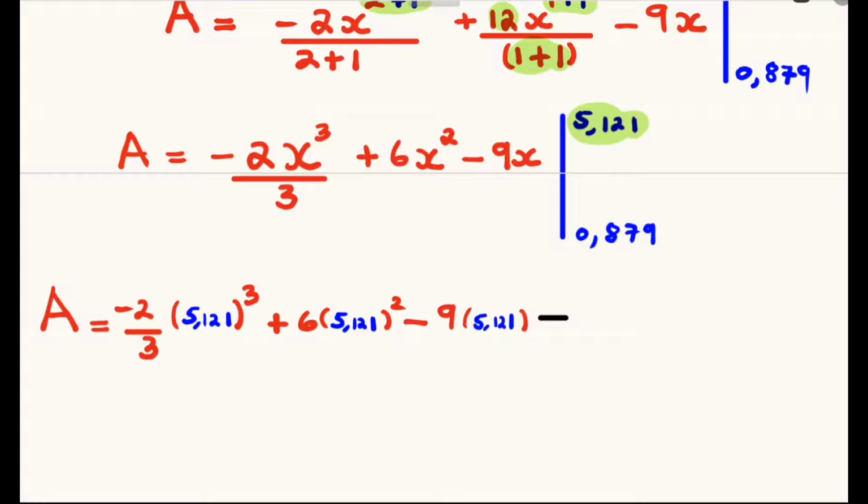Minus, so now we substitute the 0.879 where there is x.